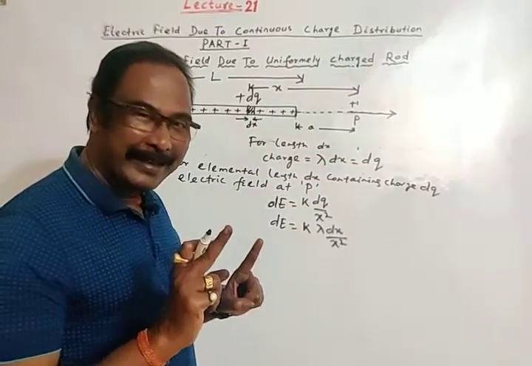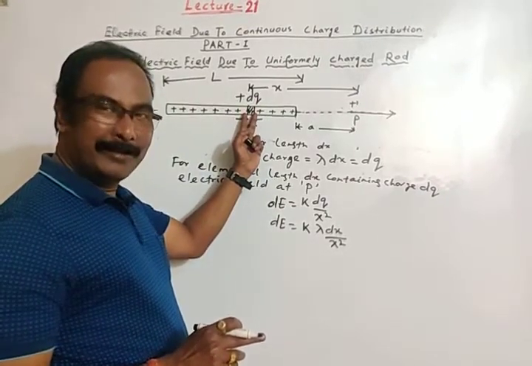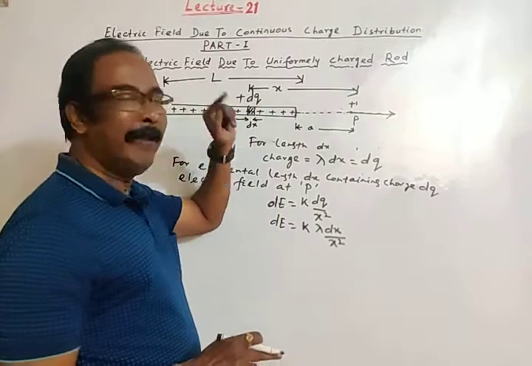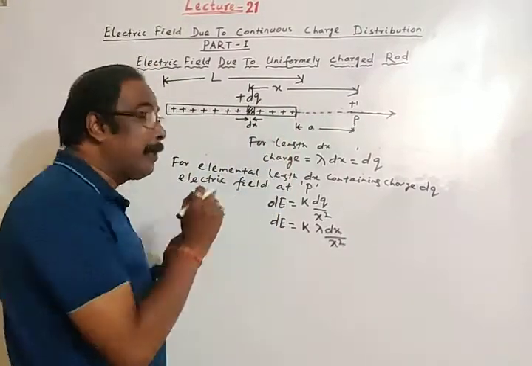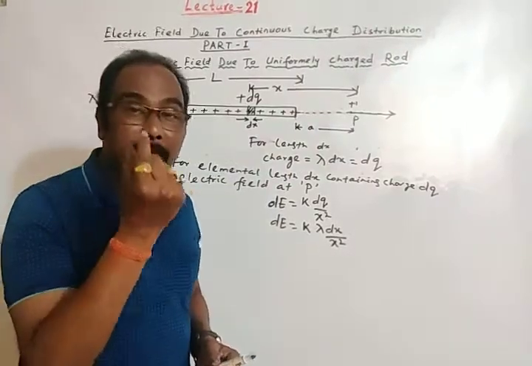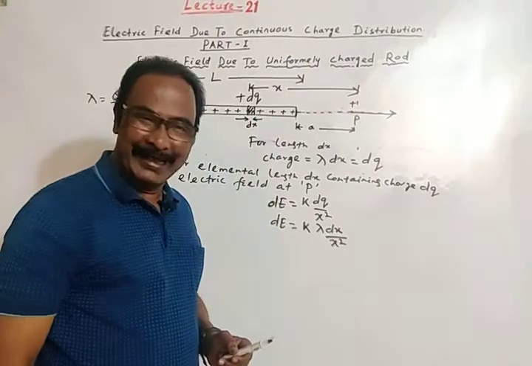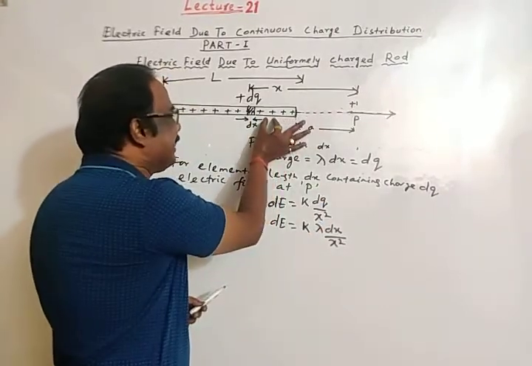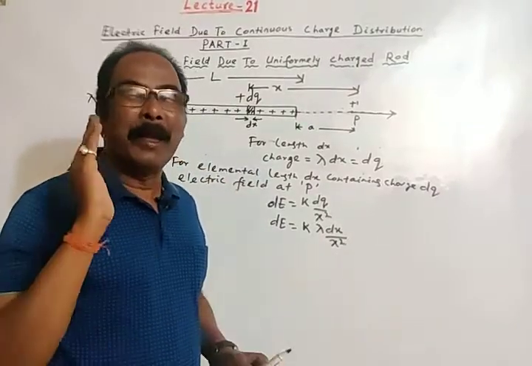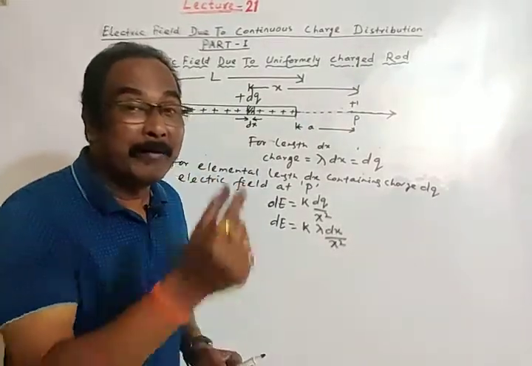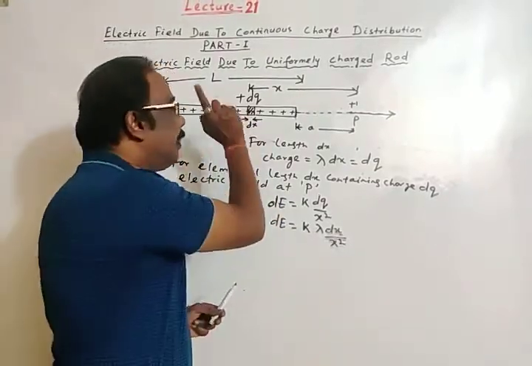But before that, we have taken an elemental length dx of the total length of rod L. Similarly, the whole length of the rod can be divided into a number of equal elemental lengths, dx, dx, dx, up to this end. The length of each segment is dx.